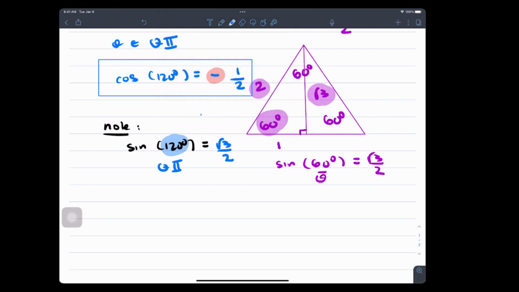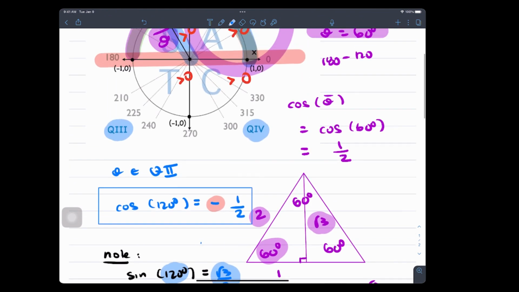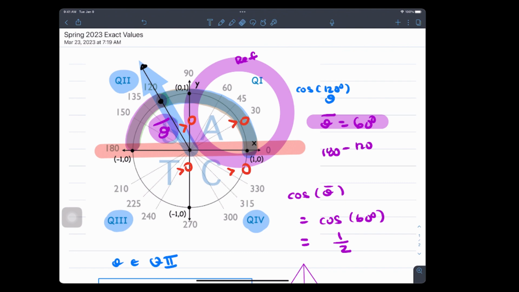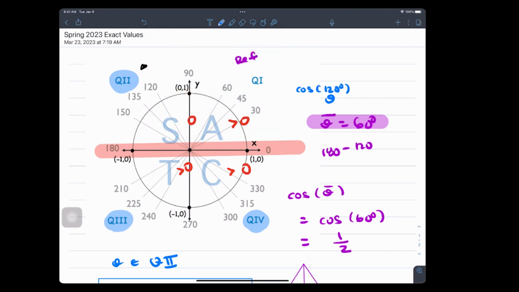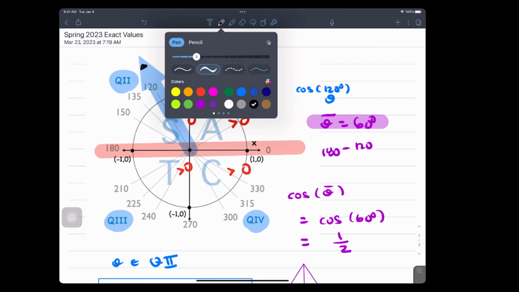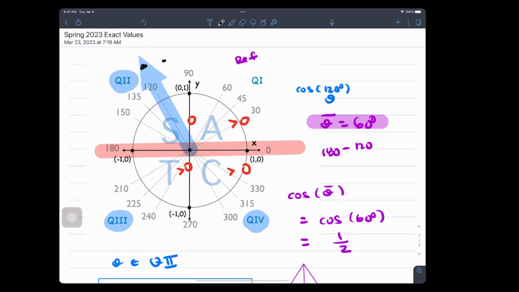And then this is all done without your calculator. Right? So why is that? Go back over here. I'm going to have to erase it. Go back to this information because sometimes people say, I don't understand. Well, why is 120 degrees, a quadrant 2 angle, why is only sine positive? Because any point in quadrant 2, remember that? X is negative, y is positive.